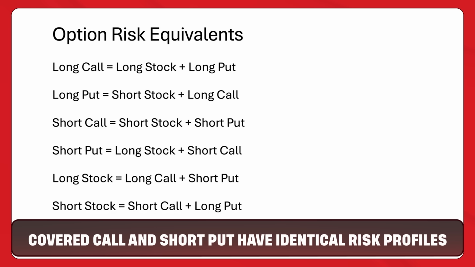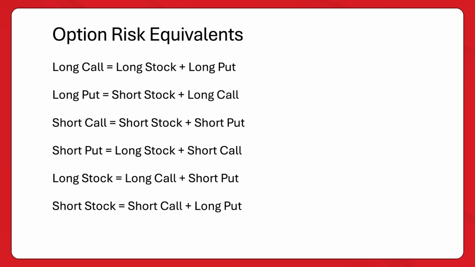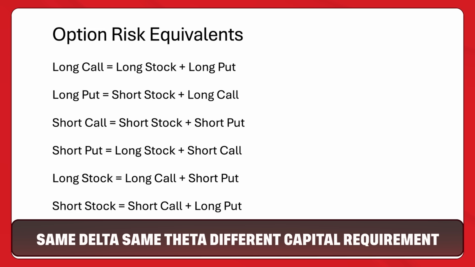Okay, the position makes some money when the stock price goes up. You have long stock, but it's capped at that short call strike, and the position loses money when the stock price goes down. It loses less money because of the short call, but it still loses money, and that has the same risk equivalency as a short put.